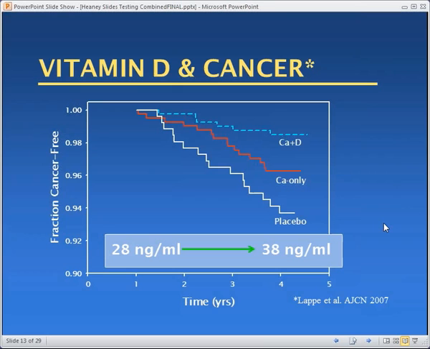By getting close to 40, and I'm going to use 40, it's easy to round up to 40, by getting to 40 nanograms per milliliter, this study showed a 77% reduction in the incidence of all cancers. The take-home message from that to me is that there's no way that I'm ever going to let my serum level be below 40.